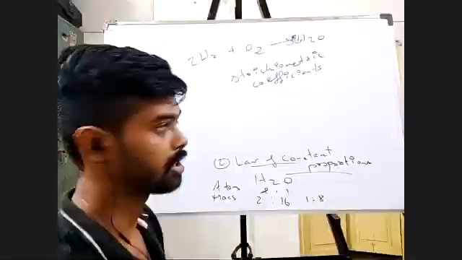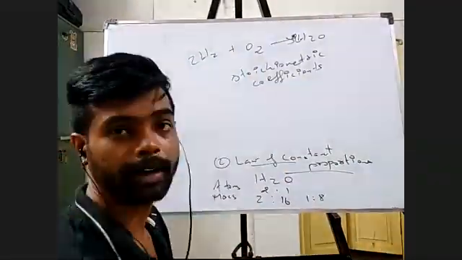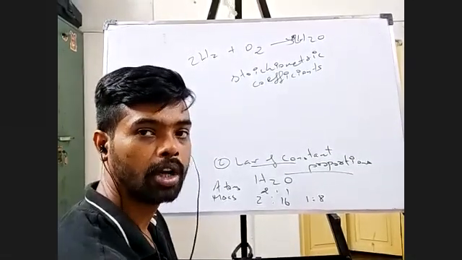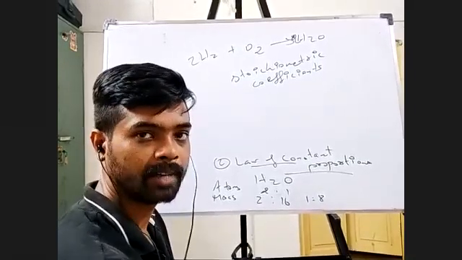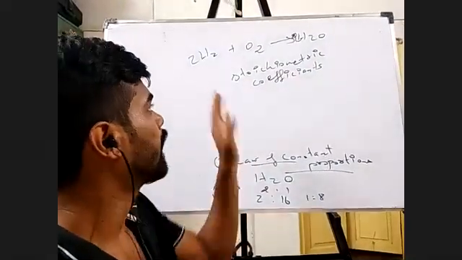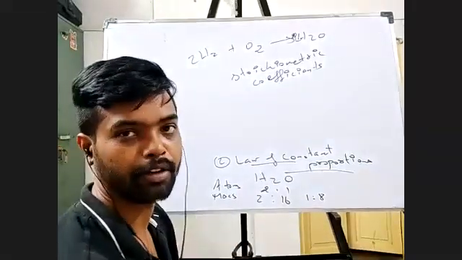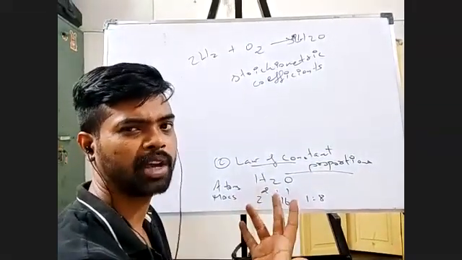If someone asks you what is the stoichiometric coefficient of H2, I will say 2. What is the stoichiometric coefficient of O2, I will say 1. Understood, right? So now I will be able to use the stoichiometric ratios in different forms.